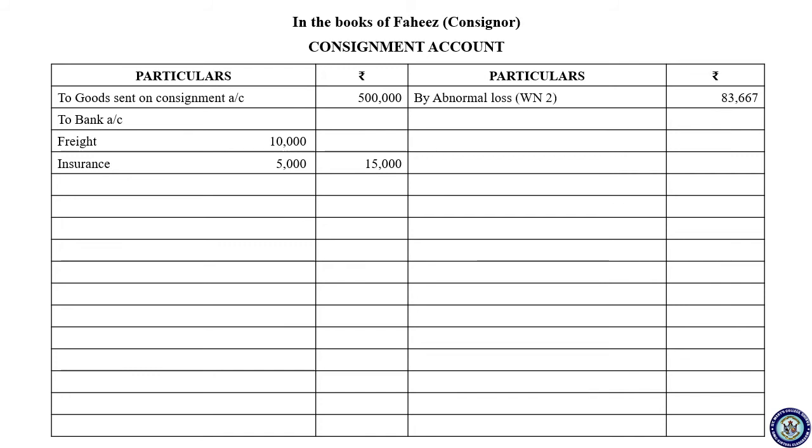Next, there is an abnormal loss. So that is working note number 2, 83,667. Next, the expenses incurred by consignee, that is Afnan.